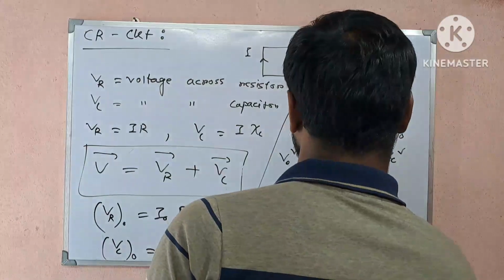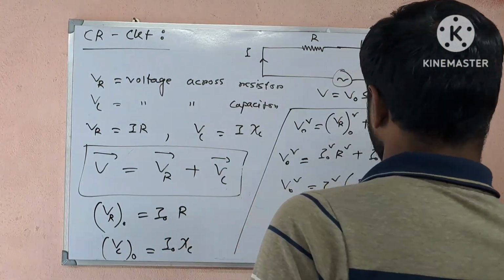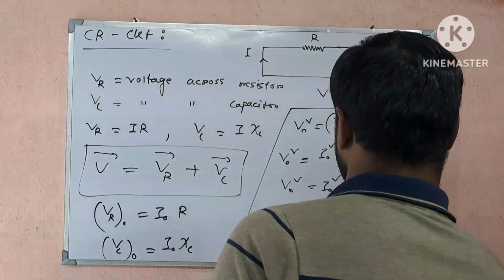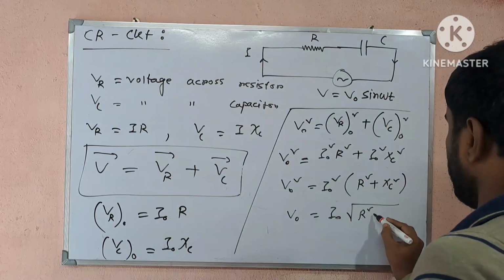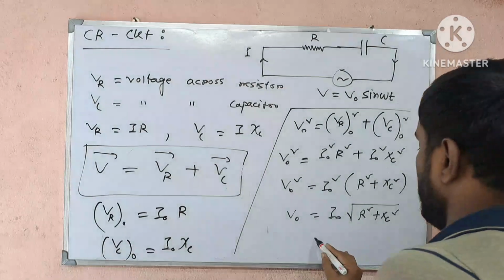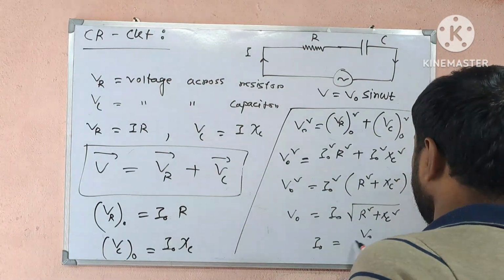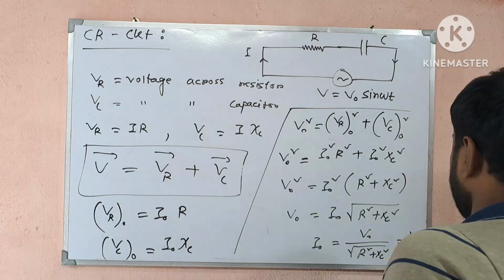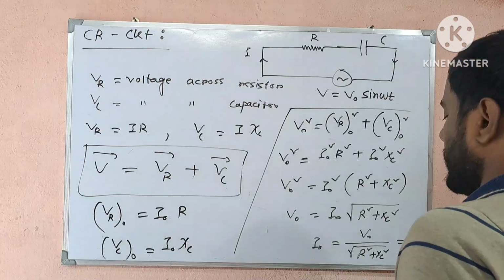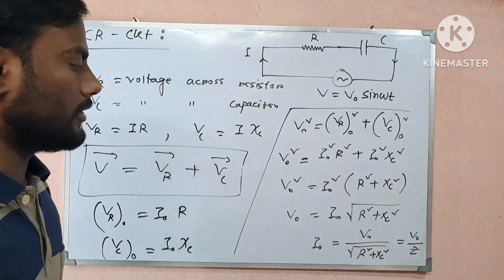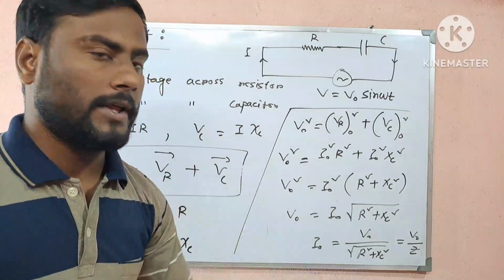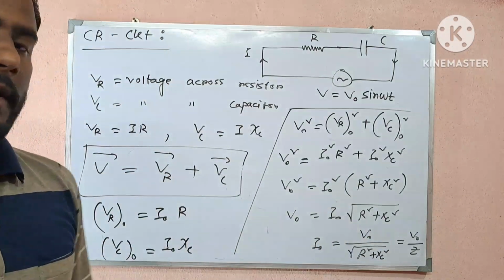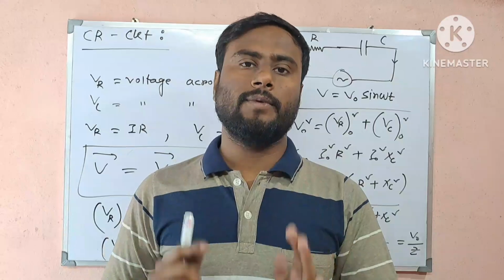We can write V0 square equal to I0 square into (R square plus chi C square). So V0 is equal to I0 into root over R square plus chi C square. So I0 is equal to V0 divided by root over R square plus chi C square. This is V0 by Z, where Z is root over R square plus chi C square. Z is called the impedance of the circuit. Impedance is basically the effective resistance.